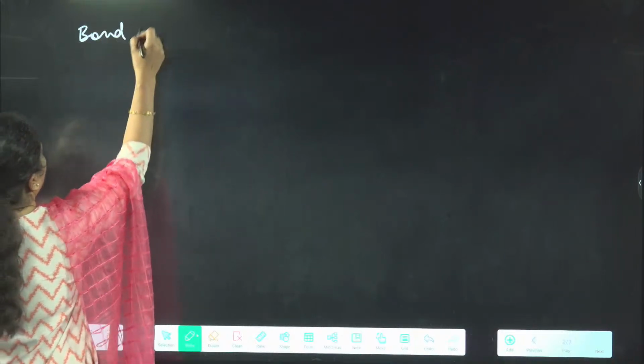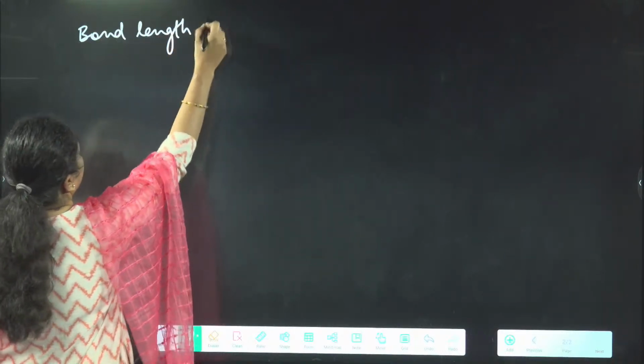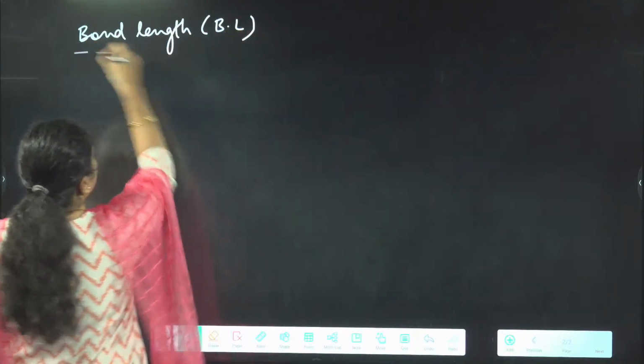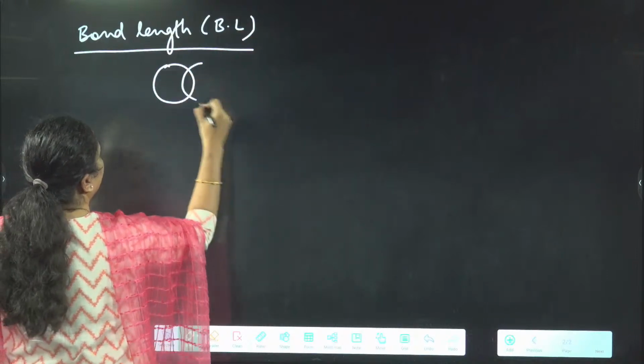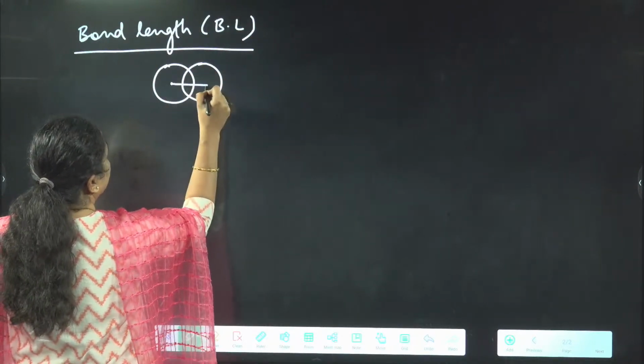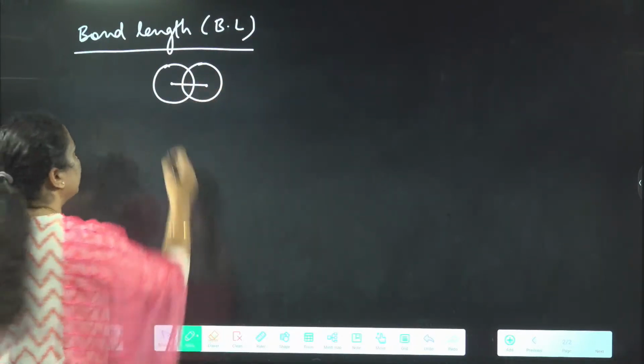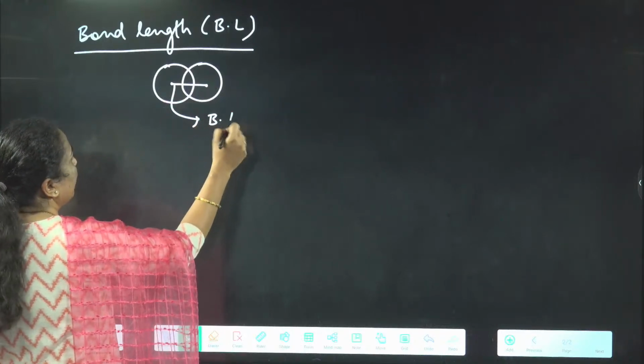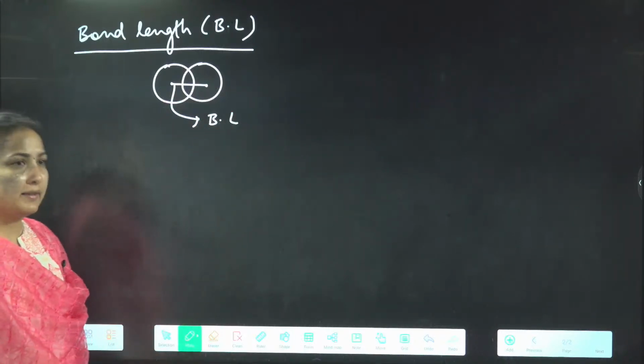Now next is bond length. You can write. What is basically a bond length? If I have two bonded atoms, the internuclear distance between these two bonded atoms is basically your bond length. Okay.